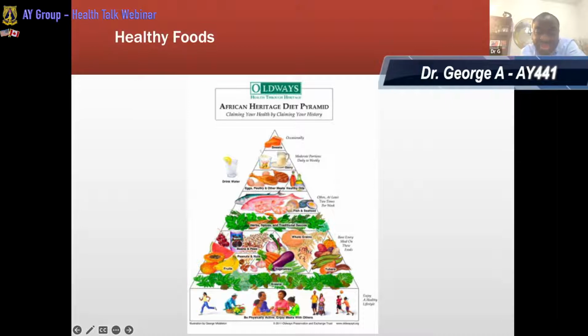Like, if you have diabetes, right? The standard American diet is just straight diabetes, just straight hypertension, right? But if we stick to something like this, we'll be guaranteed of not having big chronic diseases.